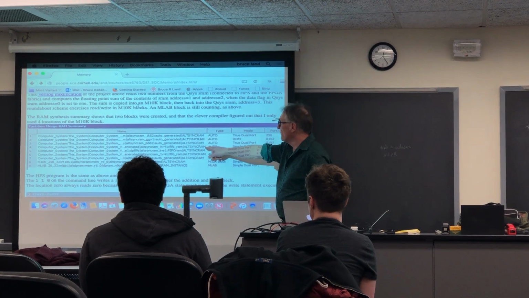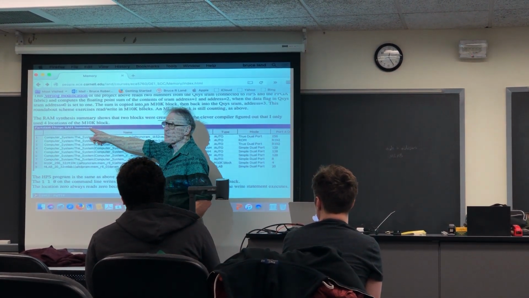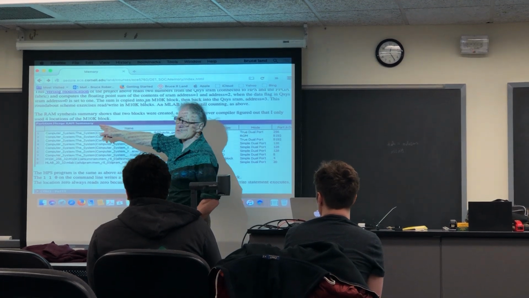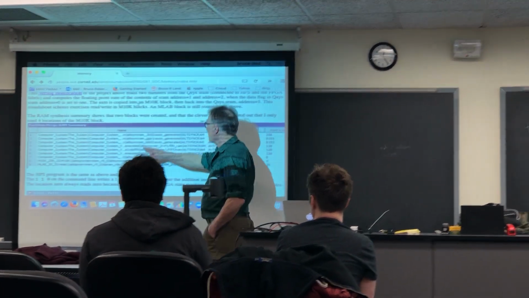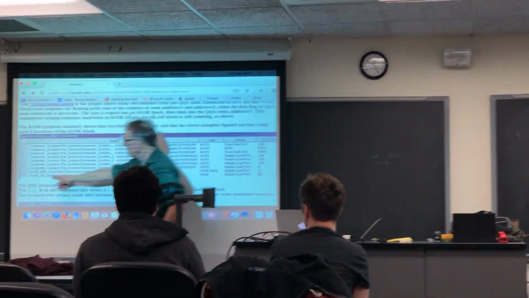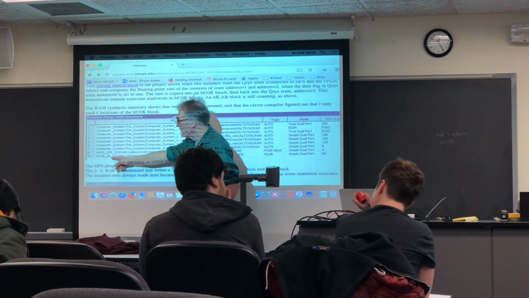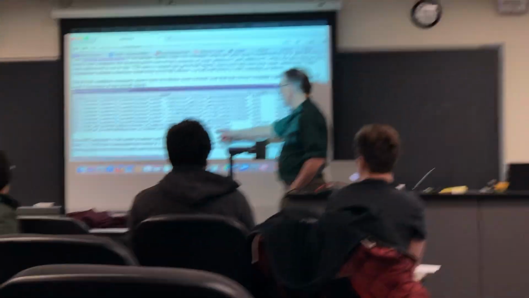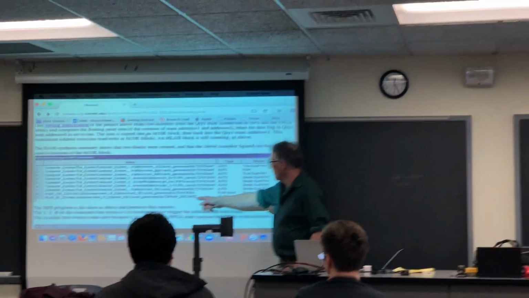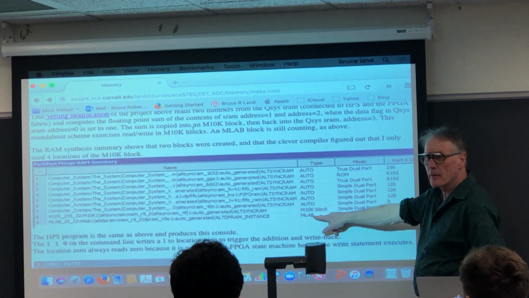If you go down through the partition merge RAM summary, this is the fitter output summary. The fitter output gives you all kinds of information, but in particular, my MLab 20_32 module was auto-generated and resulted in type MLab.